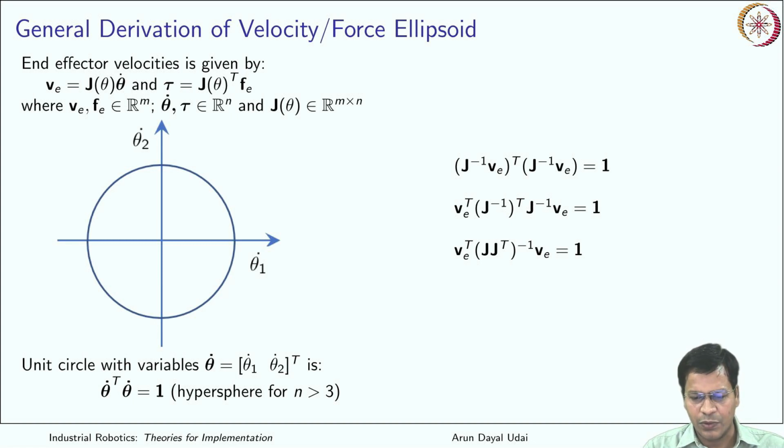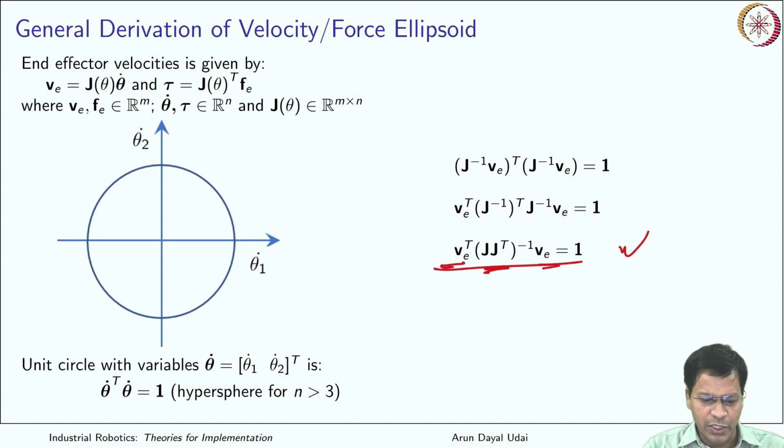Moving further ahead, you can write it like this. So you have VE transpose, VE is equal to 1. In between you have J J transpose. What is that? This is equivalent to an ellipsoid equation. I'll tell you how. This gives me a relation which can be explained geometrically also.